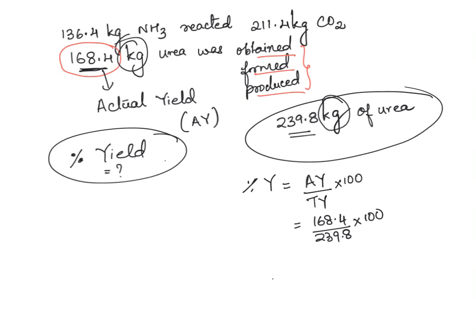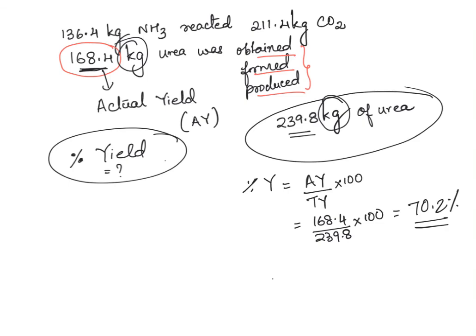Make sure that they both are in the same unit. So 168.4 divided by 239.8 multiplied by 100, and you get about 70.2% yield.